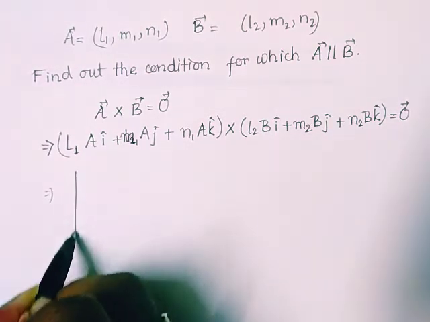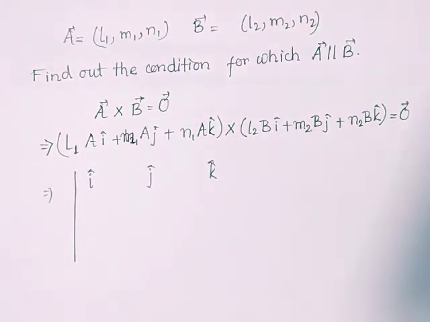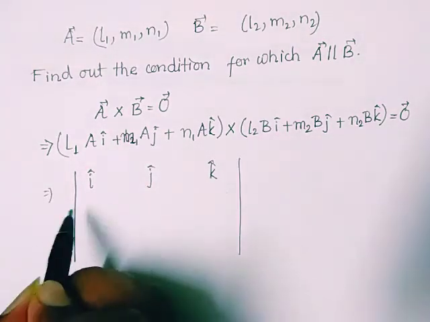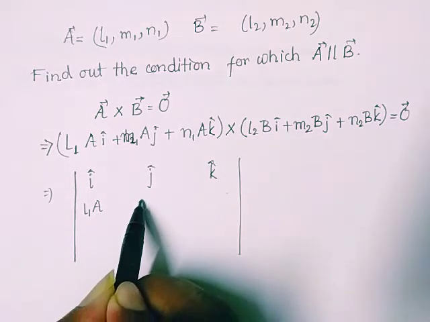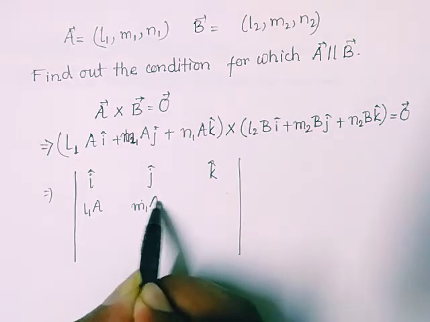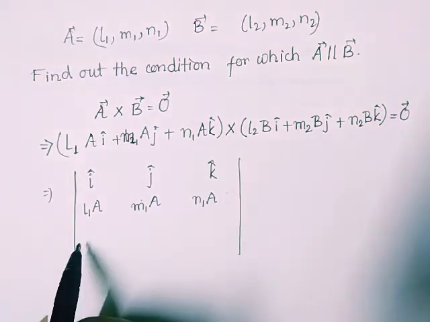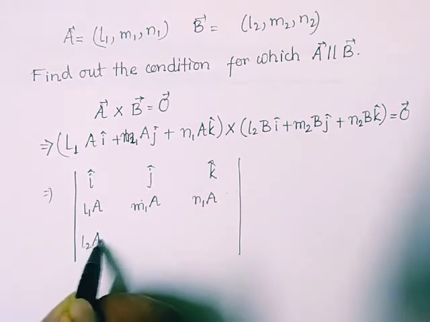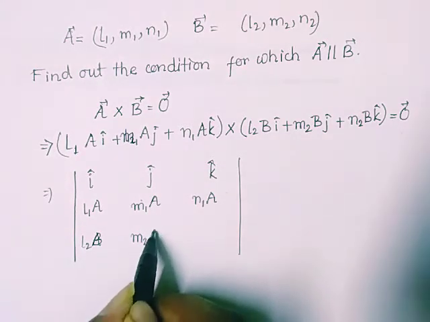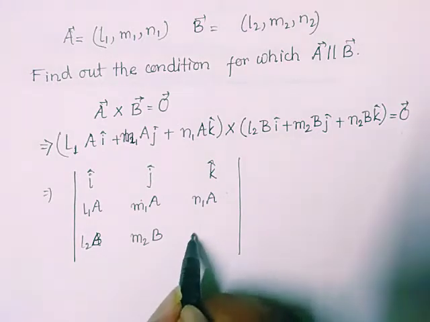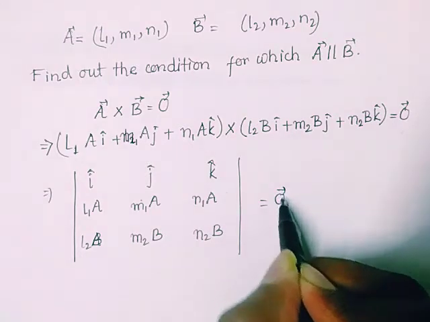So i cap, j cap and k cap, the coefficient of x component of A, y component of A and the z component of A, and here L2B, x component of B, y component of B and z component of B. This is equal to 0 vector.